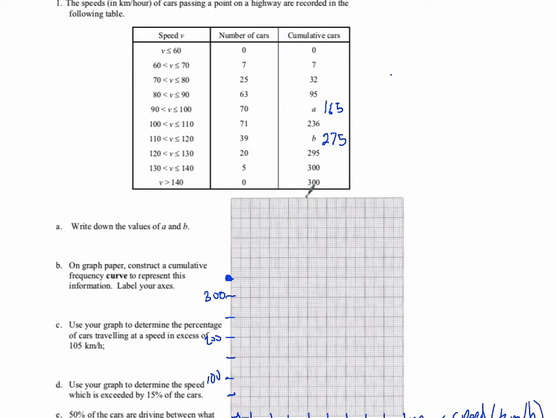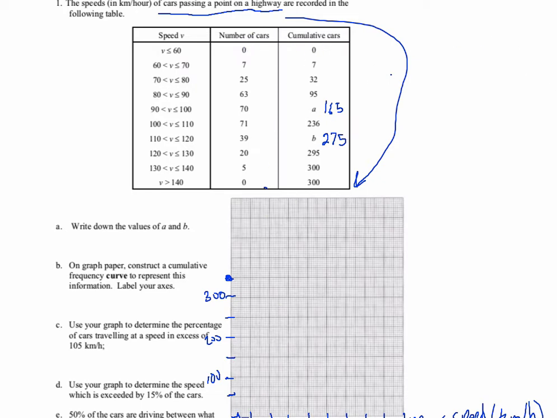And the title will be car speeds passing at a point on the highway, so you can just write that as a title. Then cumulative frequency on the side, or number of cars maybe. Anyway, to graph that, we've got 0 up to the 60 point.